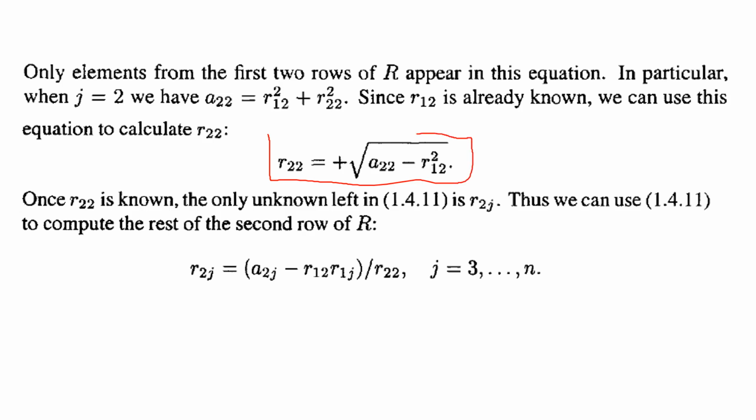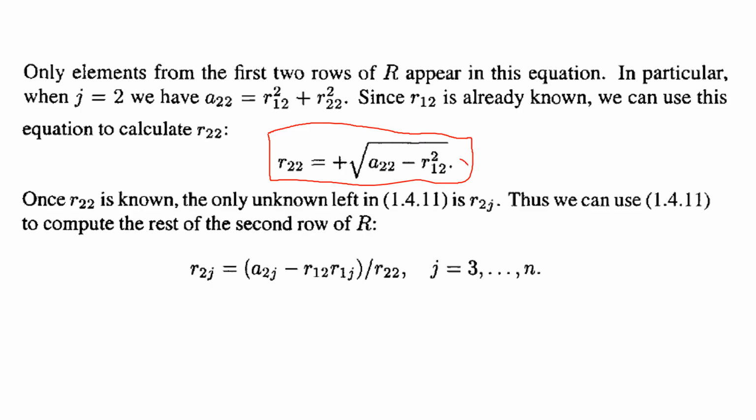We will calculate R2j first, because only elements from the first two rows of R appear in this equation. In particular, when j is equal to 2, we have A22 equal to R12 squared plus R22 squared. R12 is already known. Therefore, we can calculate R22 in this way.